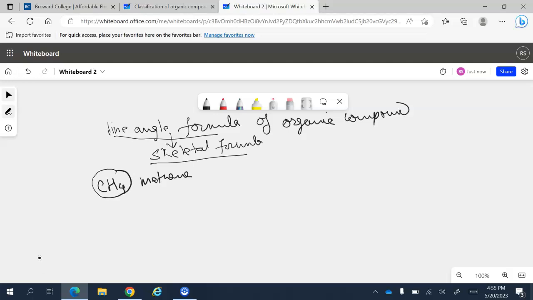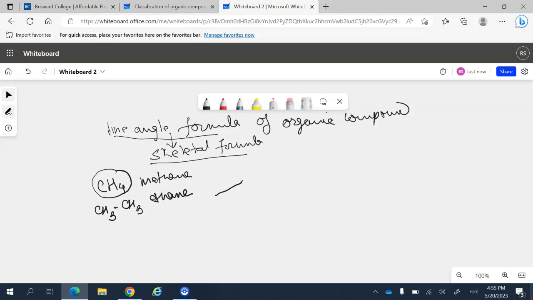It is simple enough. Now, whenever we go to two carbons, like CH3 and CH3, this is what we call ethane. This is the condensed formula. This can also be represented another way by a line like this, and this is the line angle formula.